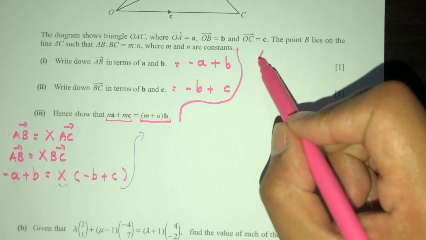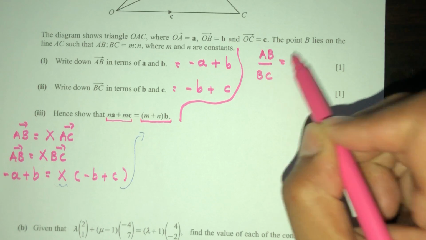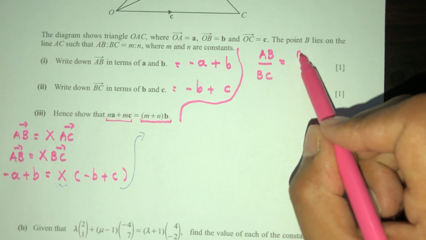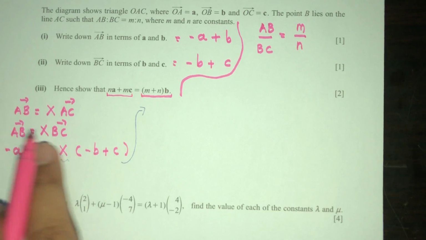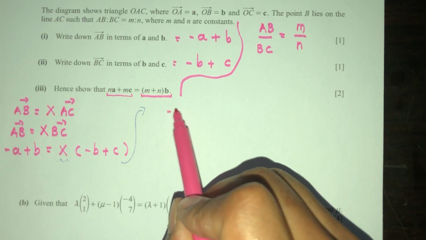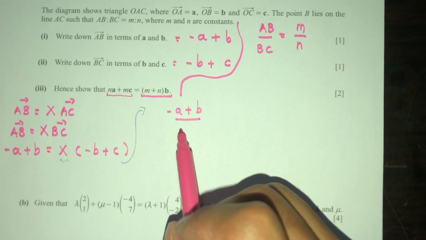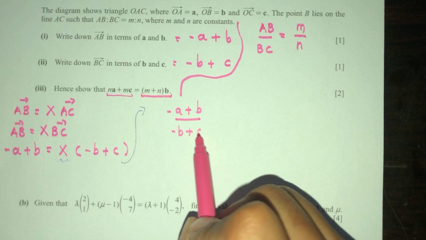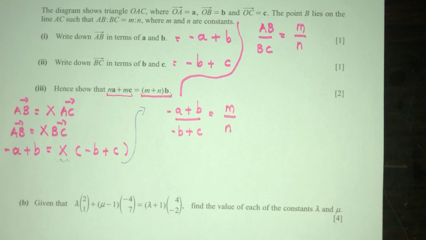That is, if you take AB, you divide by BC. You're supposed to get M divided by N. That's the meaning behind this. So if you were to replace these values here, AB is minus A plus B over the value of BC. BC is minus B plus C. You're supposed to get M divided by N. Okay, so that's basically the meaning behind it.